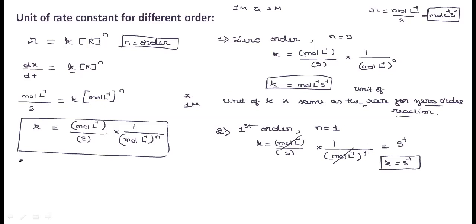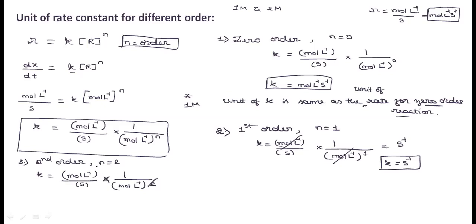Similarly, if it is a second order reaction, n value will be 2, and if you substitute in the above expression, mole per liter divided by second, so if you remember this expression, easily you can write it for all, 1 divided by mole per liter, so power 2.